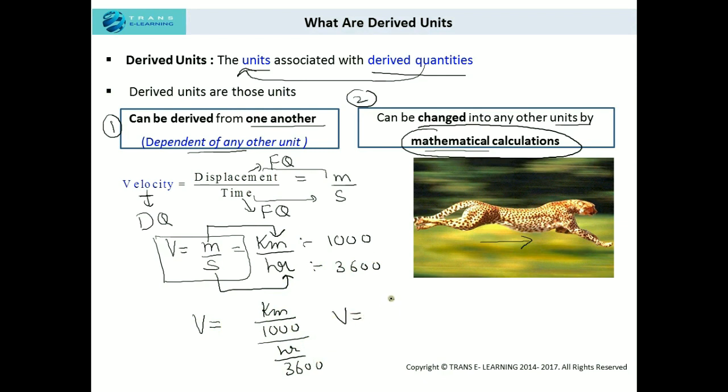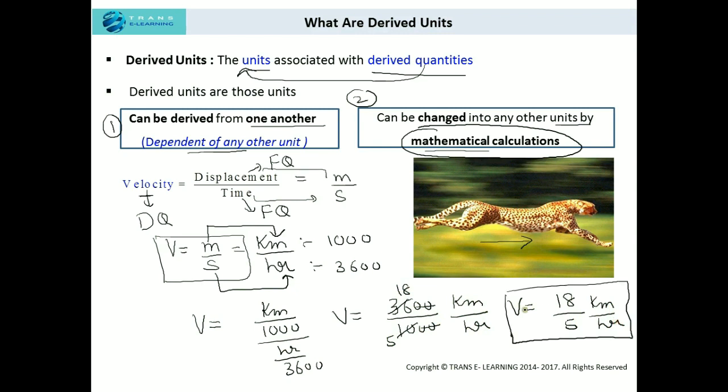This will come out to be 3600 upon 1000 kilometer per hour, which is 18 by 5 kilometer per hour. I've not given any value, so if I have some value, I can just multiply it by 18 and divide it by 5 to get the value of velocity in kilometer per hour.